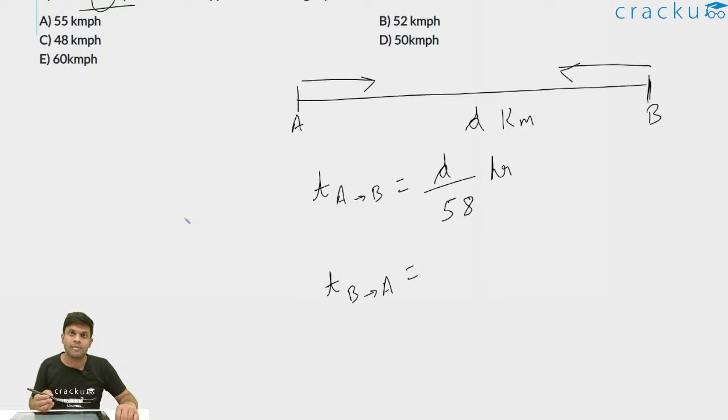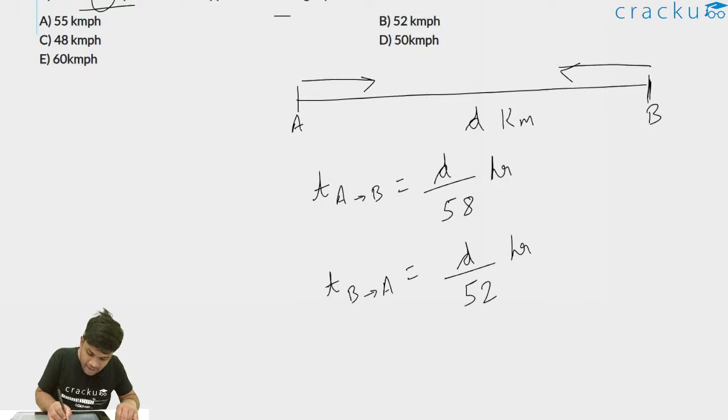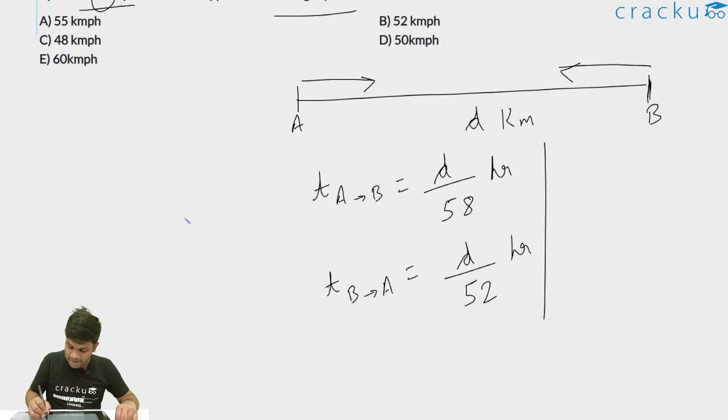Whether he is going from A to B or from B to A, the distance will remain the same in both cases. So it will be distance by speed, again in hours. Now we have to find the average speed. The formula for average speed is total distance traveled divided by total time taken.